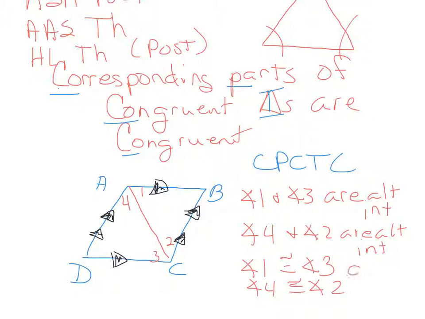Alternate interior angles theorem. So we're going to have to be doing some proofs, so we want to be sure that we are able to justify. So we've got the alternate interior angles theorem. What else do we need to prove that these triangles are congruent? You need a side, but since AC is a side for both of them, due to the reflexive property.